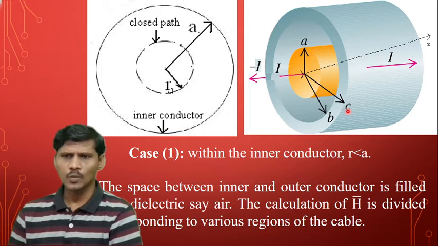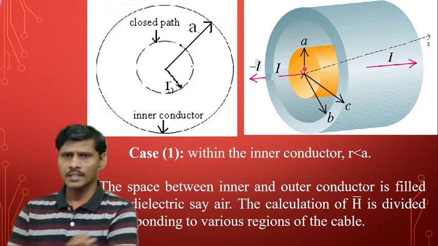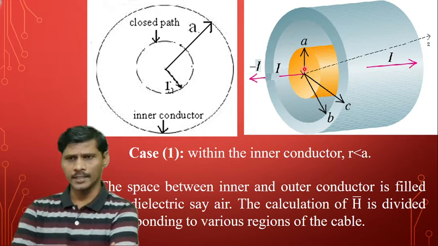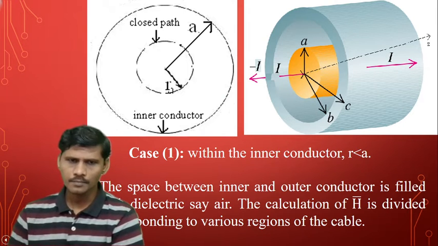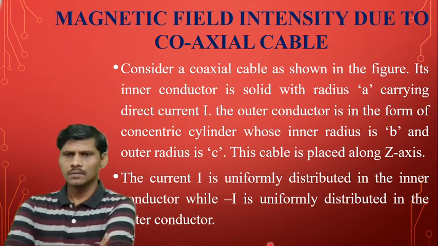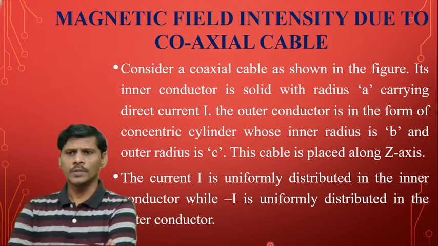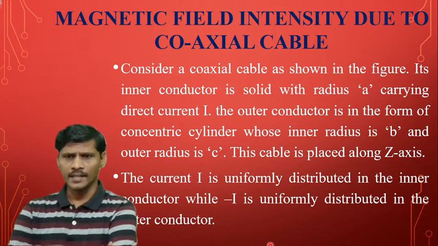So this is the coaxial cable. The inner cylinder radius is small a meters and the outer cylinder radius is small b meters. The inner conductor is a solid with a radius small a and it carries the direct current I amperes.